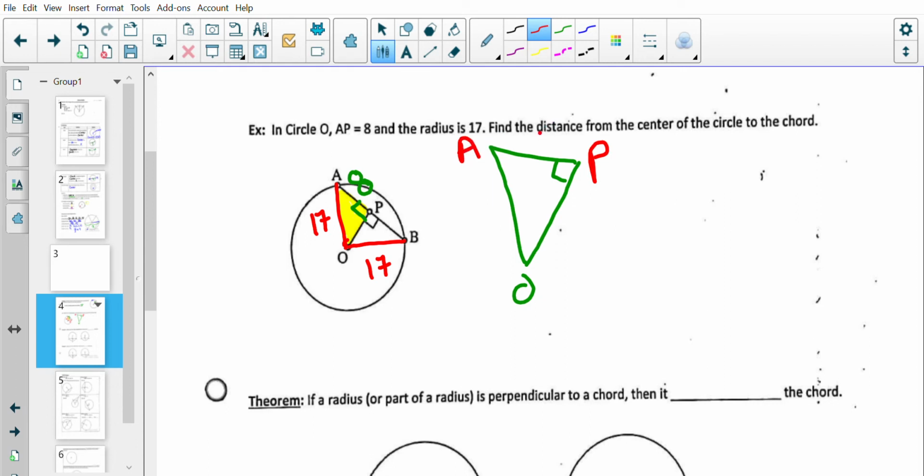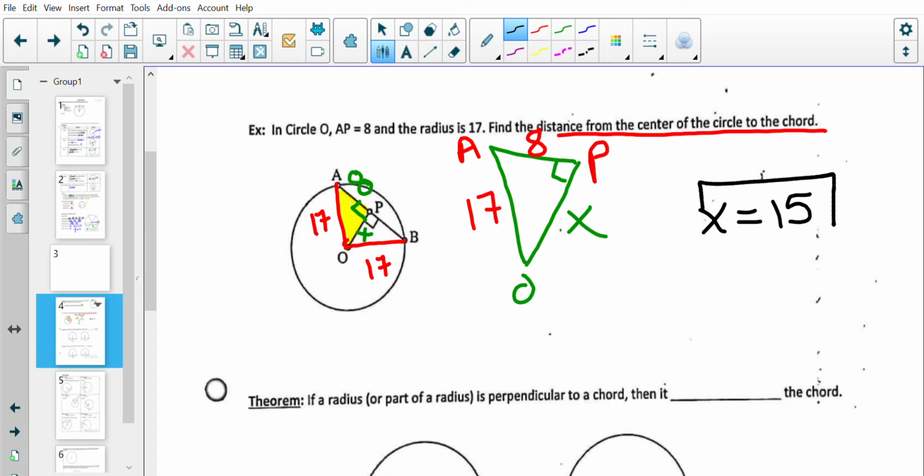We know A to P is 8. We know A to O is 17. We want to find the distance from the center to the chord. Remember, the distance from the center to the chord is the length of that perpendicular segment. So that's going to be my x. And if we look at this, we should be really happy because this is a triple, 8, something, 17. X is equal to 15. So the distance from center O to segment AB is 15 units long.